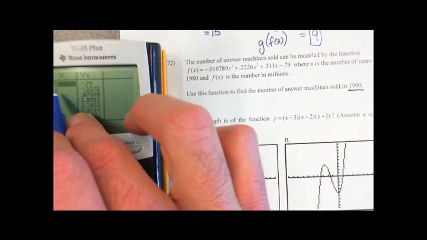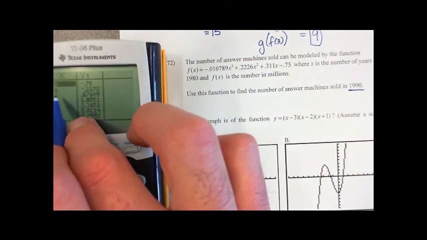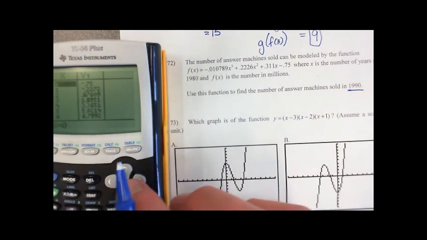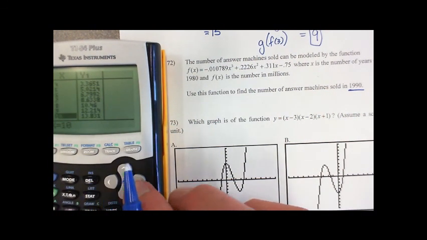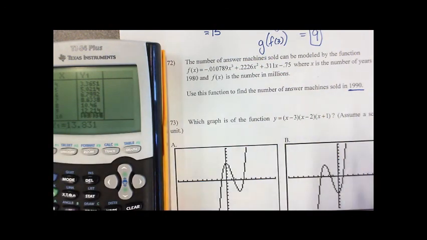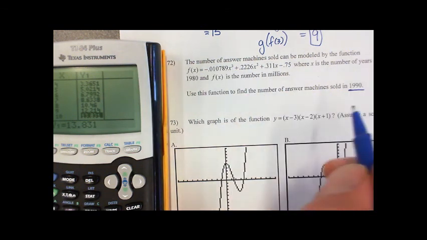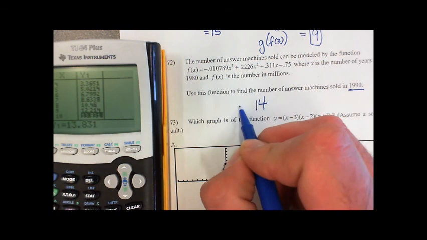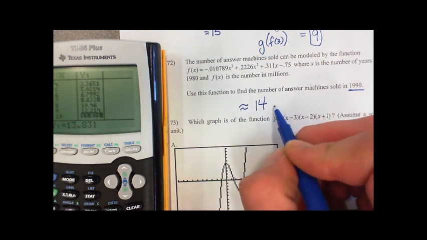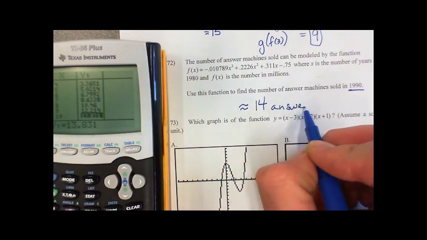So this would be 1 year after, so that would be 81, 82, 83, 84, 85, 86, 87, 88, 89, 90. So that's 13.8. Since they're answering machines, let's round that to a whole number. So let's call that approximately 14 answering machines.